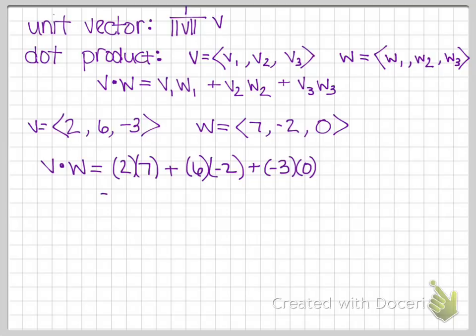When we add all these up, we have 14 plus negative 12 plus 0, which gives me 2. So their dot product will be 2. I think that pretty much makes sense. If you'd like to see another example sometime, let me know. But I think you can get the idea from that.